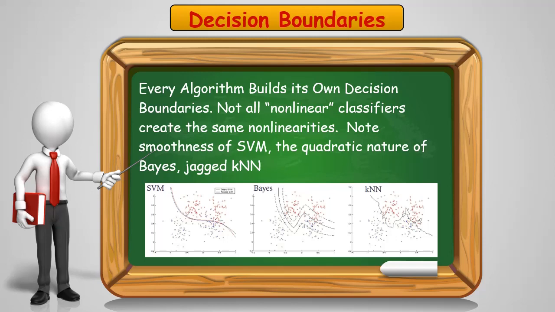Not all nonlinear classifiers create the same nonlinearities. So take a look at the smoothness of the support vector machine, the quadratic nature of the naive Bayes, and the jagged nature of KNN. These are good examples of why blending those three techniques together smooths it out.